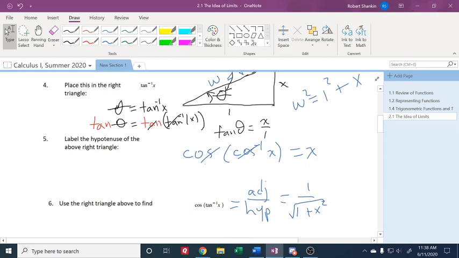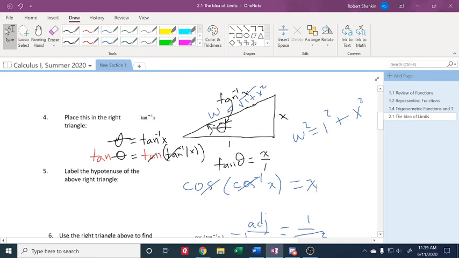You'll get what's called an algebraic function. It won't be exactly a cancellation, but you won't have any trig functions in there because this is an angle and you can work it out once you fill in the sides of that right triangle.